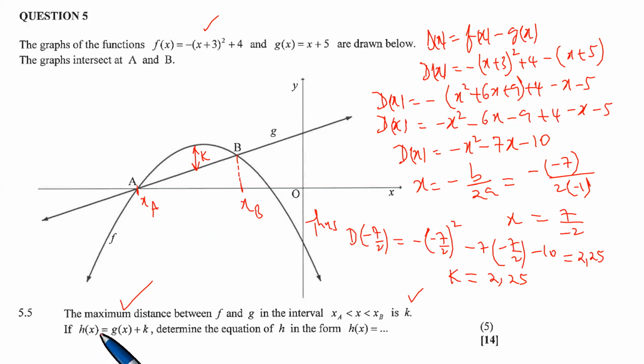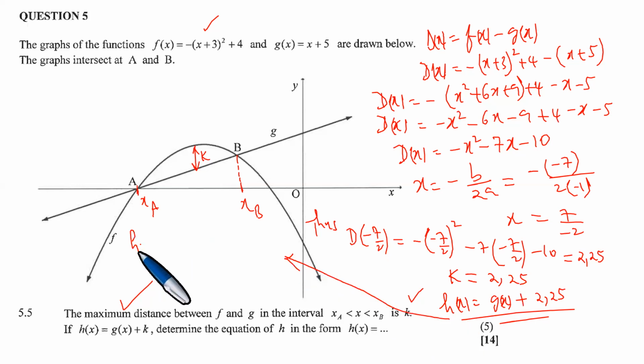If H of X is G of X plus K, determine the equation of H in the form. So which means therefore the equation of H is G, plus 2.25. But now you need to add, remember, you add G. So it is exactly G, but obviously you need to write the equation in full. So H of X is G. What is G?